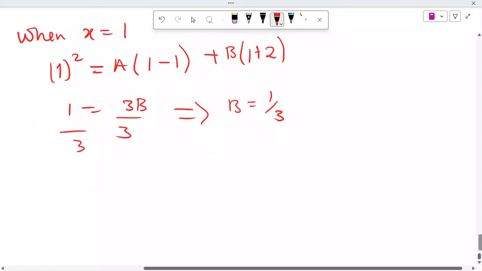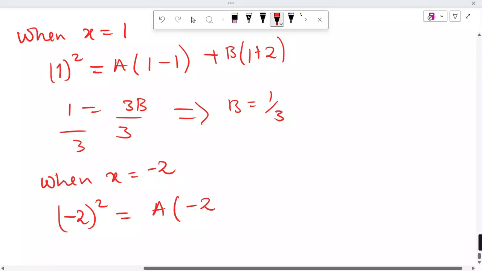Okay. So next we solve for when x equals negative 2. So we say negative 2 squared equals a times negative 2 minus 1.